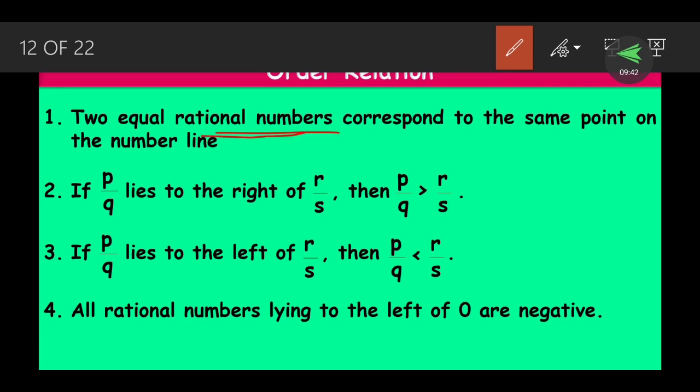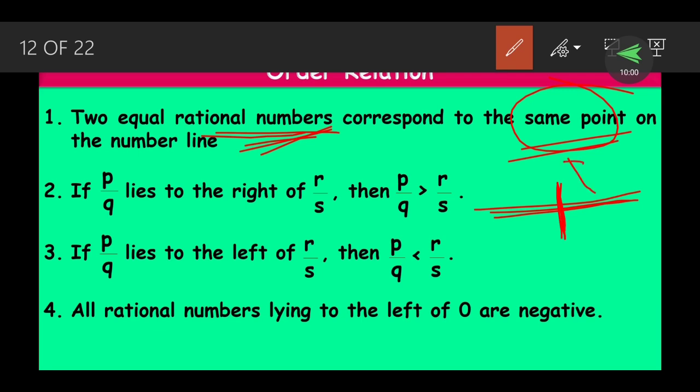On the number line we have to follow some order. What is that order? Two equal rational numbers always correspond to the same point. On the number line they will be represented with the same point P or any other name if their value is the same.